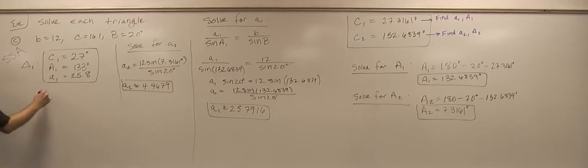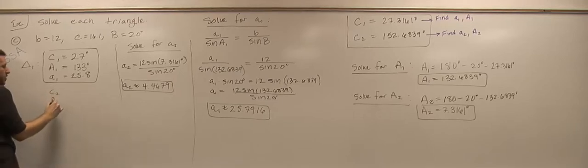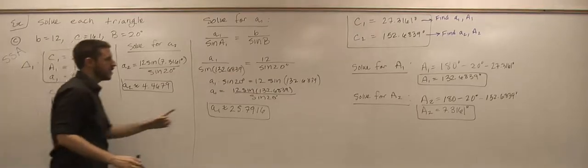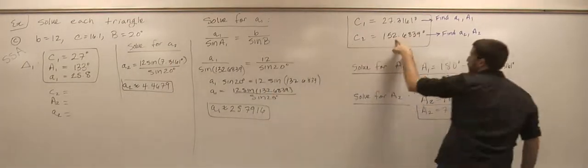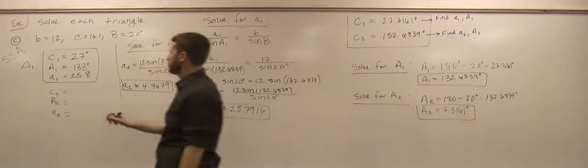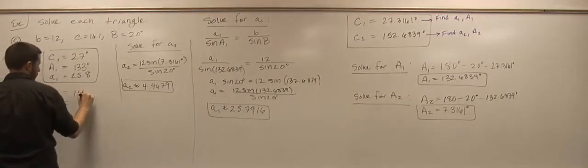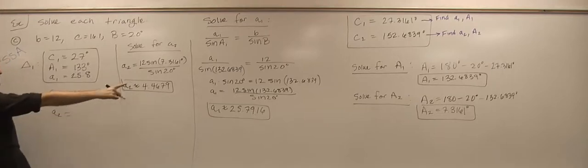For my second triangle, I need to do C2, A2, and little a2. Round those guys off. C2 is 153. A2 is 7.